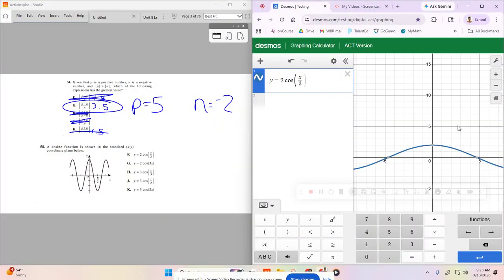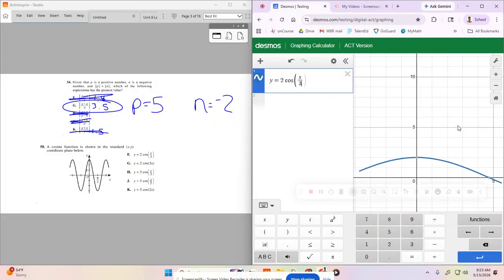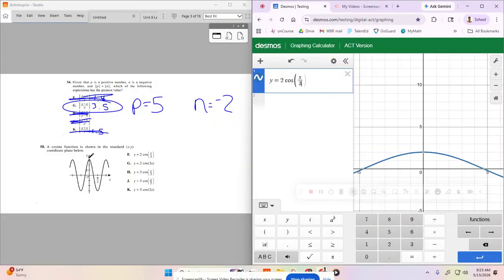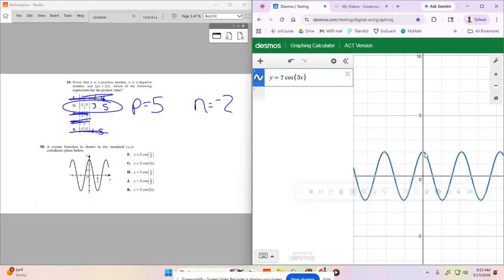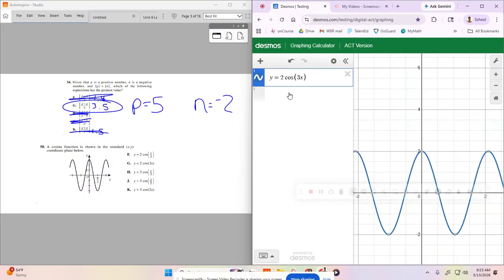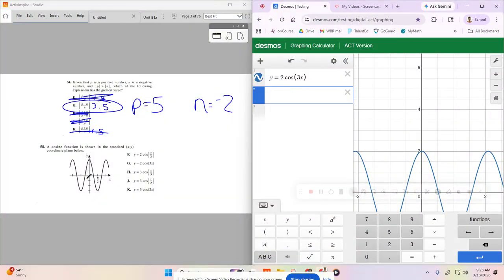All right. So what it's supposed to be doing right here is going up 3, which this is only going up 2. So that's not it. The next one is y equals 2 cosine 3x. All right, it is going up 2. The other information I have is that this is pi over 2.